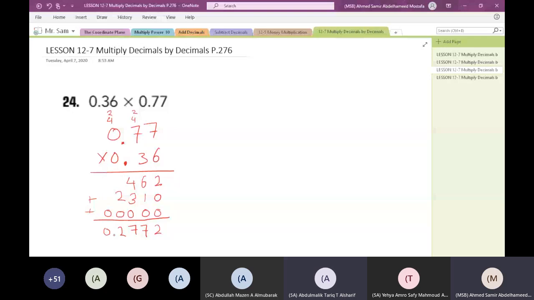We first count the numbers behind the decimal point, and that's how many places we move. There are 2 on top and 2 on the bottom, so it will move 4 steps ahead. So right next to the 0 and in front of the 2.